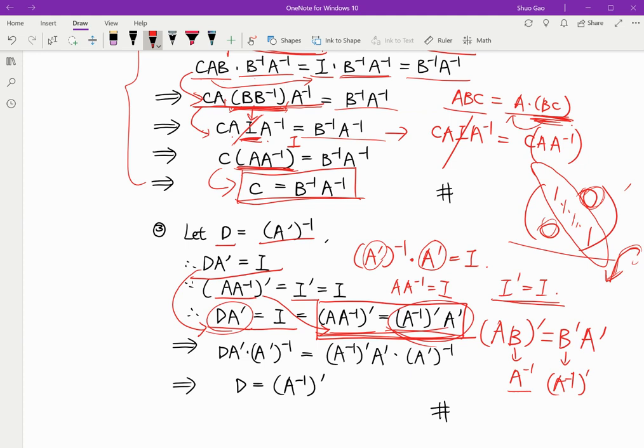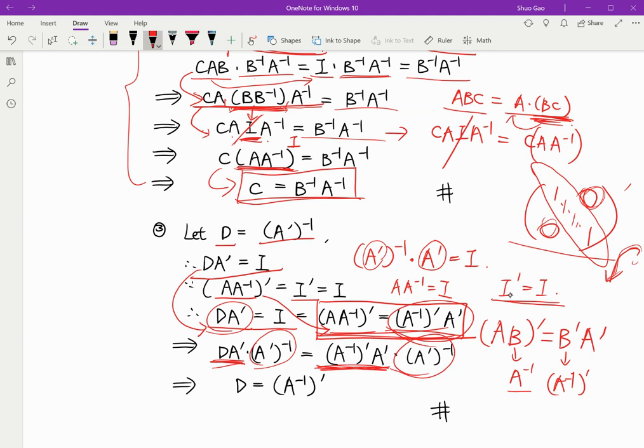So we can post multiply A prime inverse on both sides of the equation, right? So D A prime times this matrix should equal this matrix times this thing, because D A prime is equal to this thing.